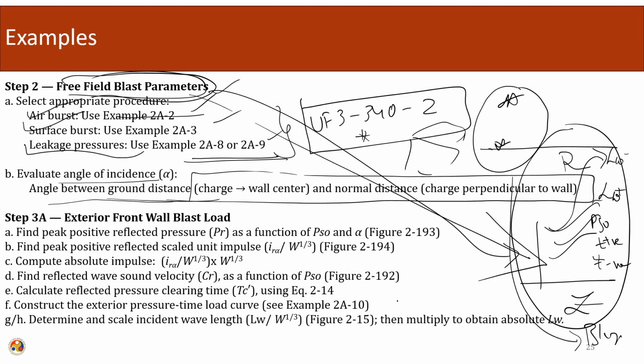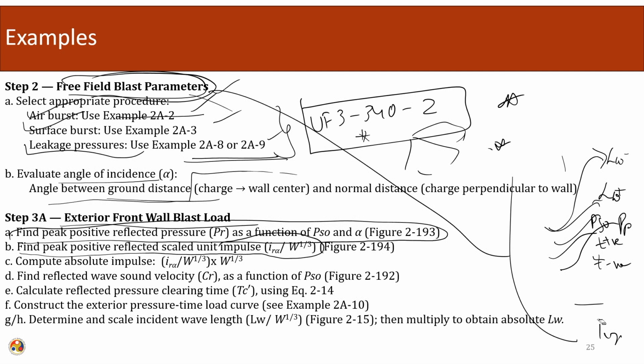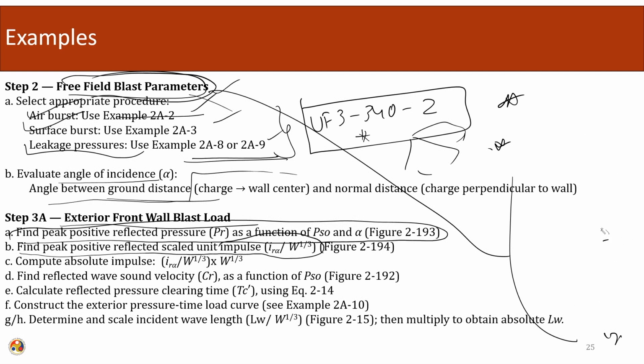After that, we start treating the equivalent pressure on the front wall. We find the peak positive reflected pressure as a function of Pso and alpha. From this graph we can calculate this. Then we find the peak positive reflected scaled impulse.